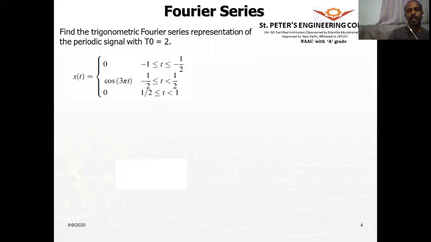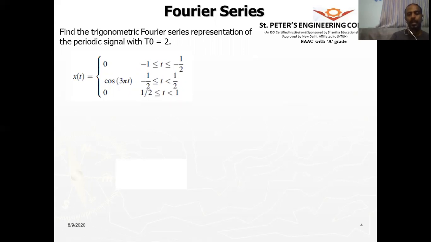Now let us take another problem. Here again we have to find the Fourier series representation for the periodic signal with period t naught equal to 2.